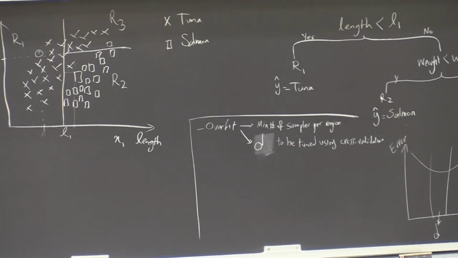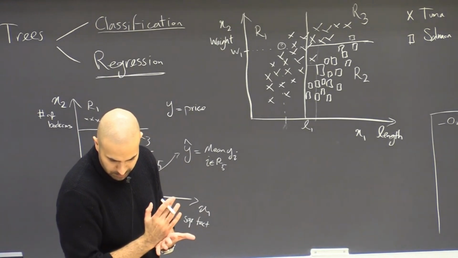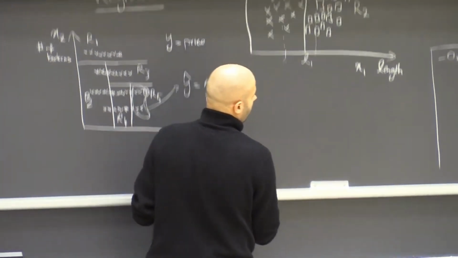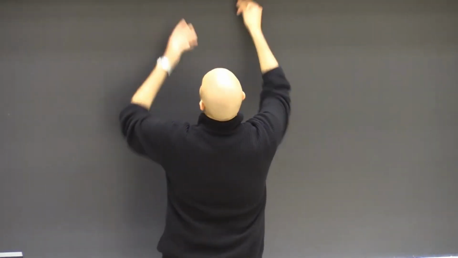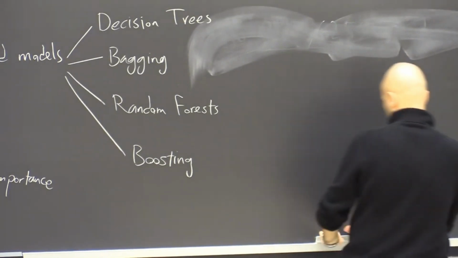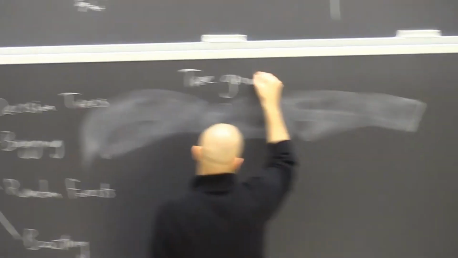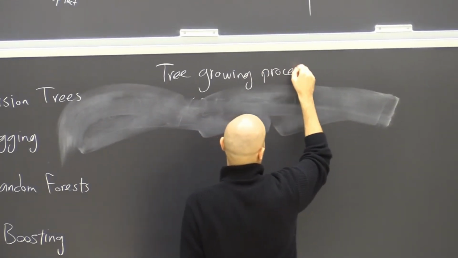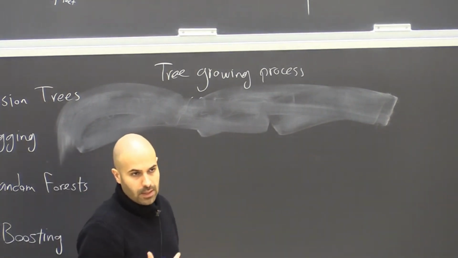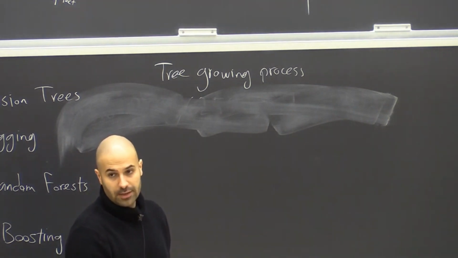All right, so now the process for growing a tree. The process for growing a tree is simply a greedy algorithm that tries to make some improvement to the loss function in every split.